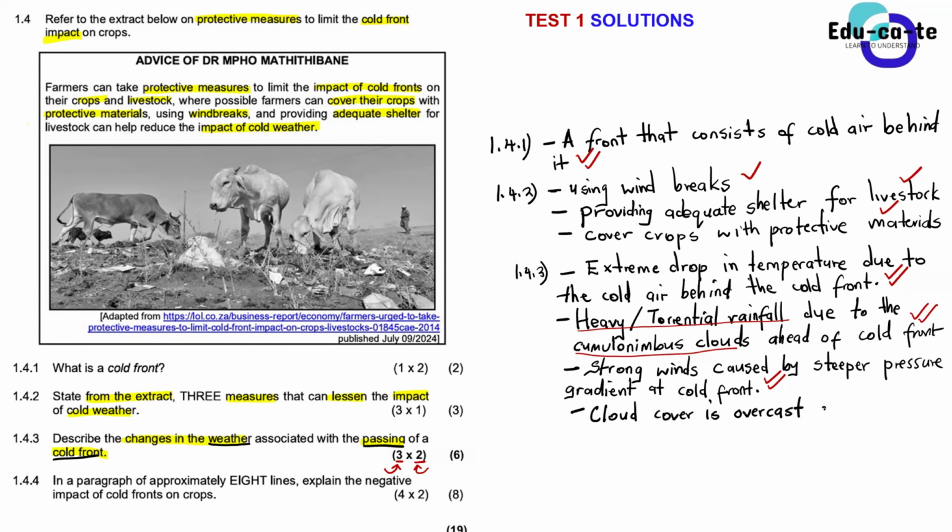So this is due to the formation of cumulonimbus clouds. That's why we have a lot of clouds. So you can say the cloud cover increases, or you can say that there will be a lot of clouds. The cloud cover is overcast. But usually try to use the term overcast rather than increases. It's still acceptable. There are many things that you can say, guys.